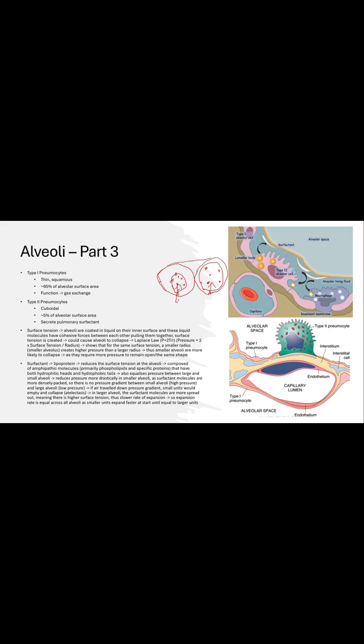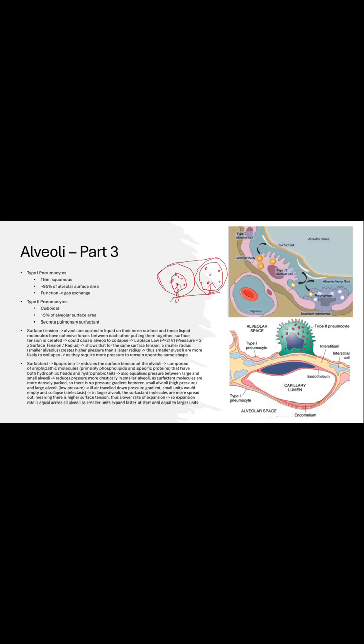Once they become equal size, they expand at the same rate, and so that is why we do not have differences in terms of how much the alveoli fill. So the rates of expansion are equalized across all the alveoli. So the smaller units expand faster at the start until they're equal with the larger units.